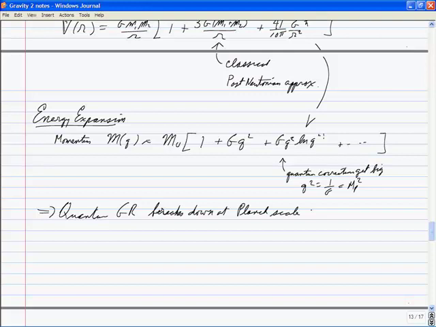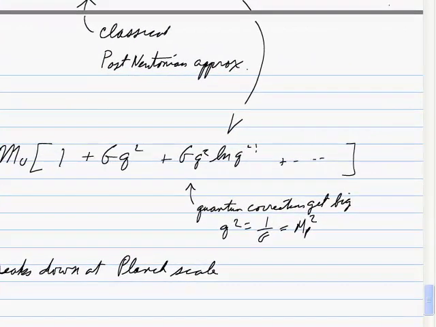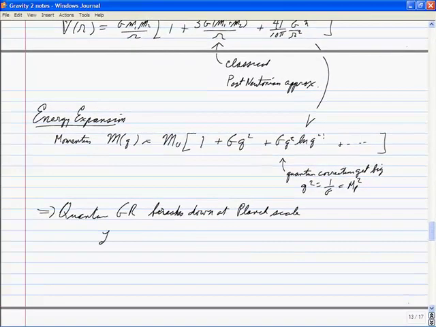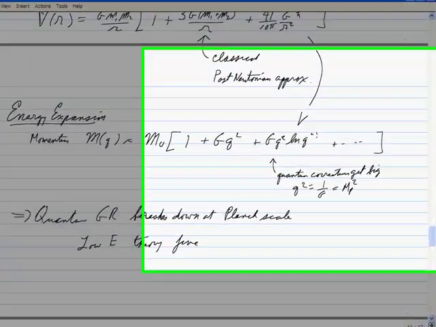And there's really nothing that, at least in perturbation theory, we can do about it. So this is the problem of quantum gravity. So the low energy theory is fine. It's fine.